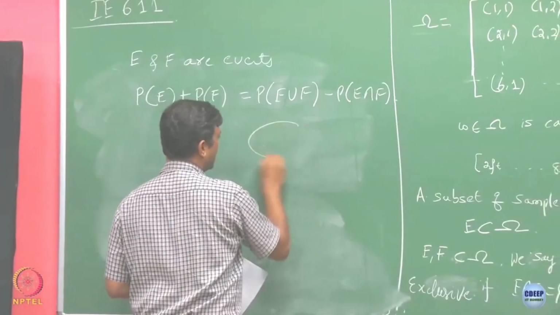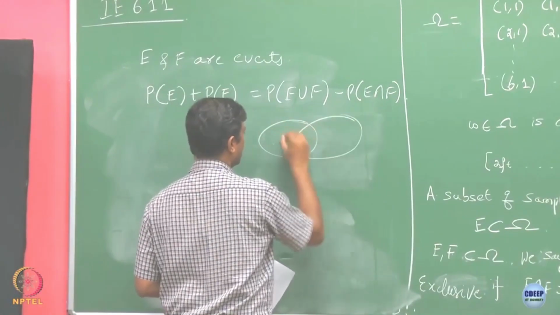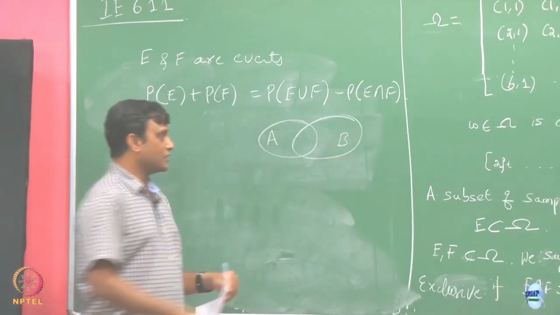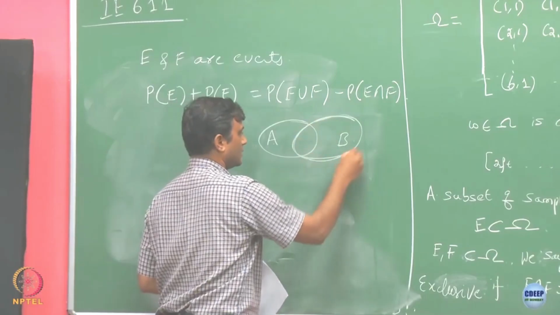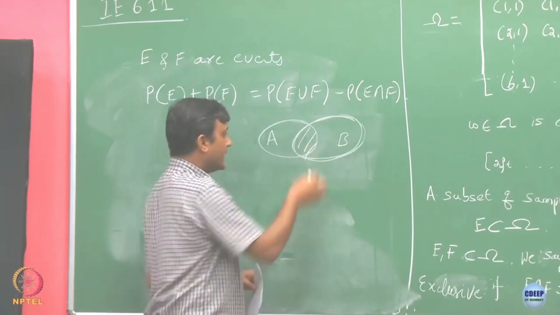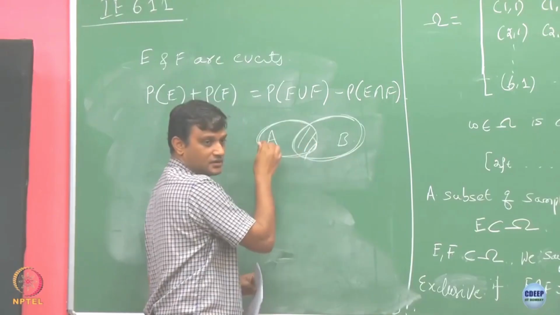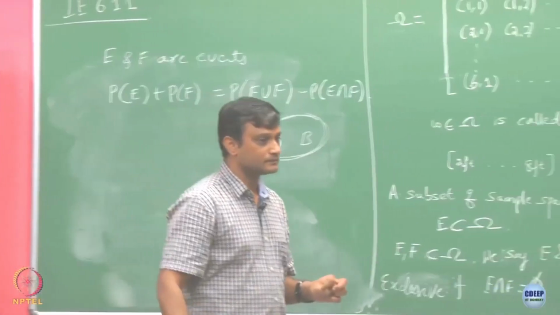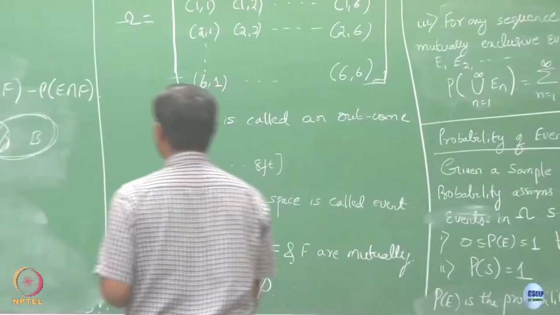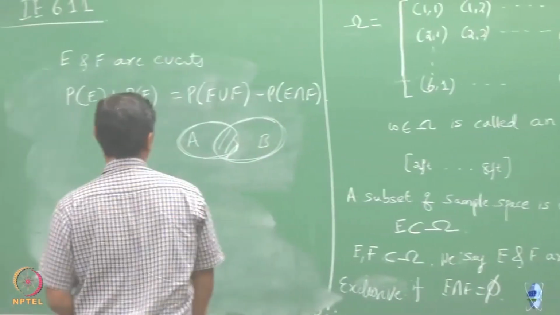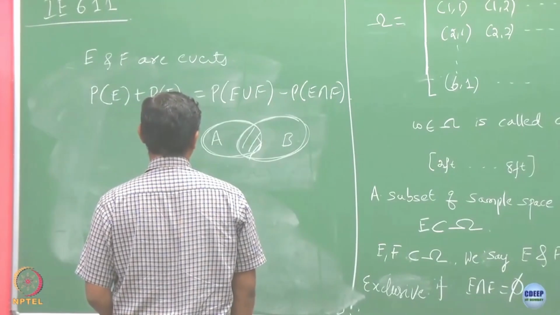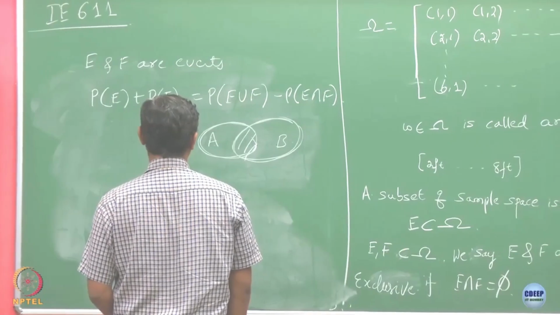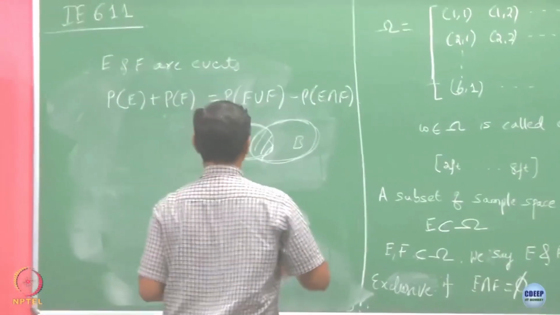Suppose you have a set A and another set B. If you take this entire set once and this entire set once, you would have added this region twice. We should add it instead of subtracting, because you need to find PE plus PF. Instead of minus, there should be a plus. Oh, right.